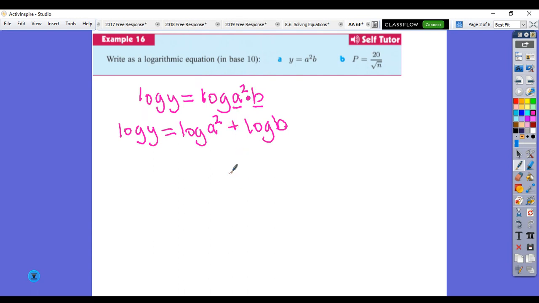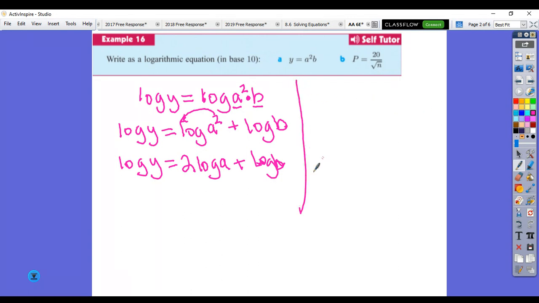Then I go back and look for any exponents in the equation. This one has an exponent, and I'm going to move it to the front. So IB just kind of takes this in stages. It's just taking you through the process kind of slow.